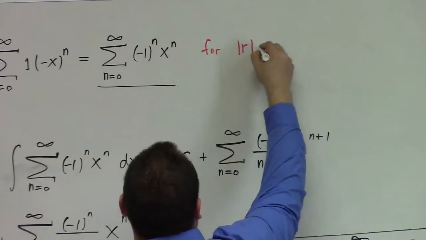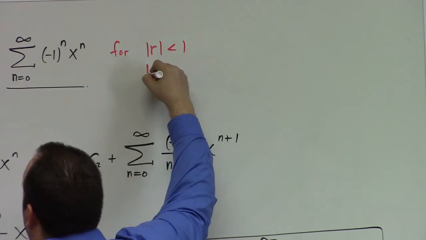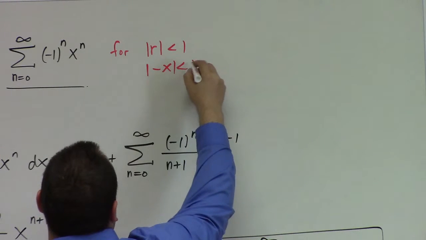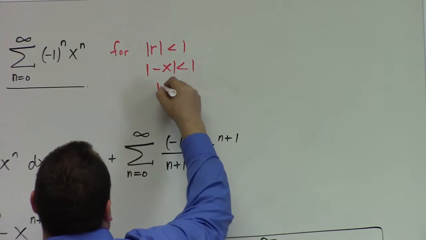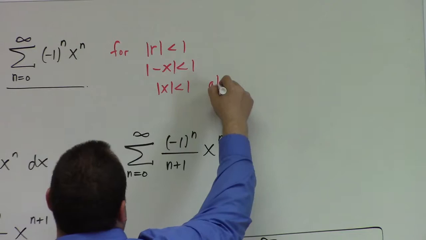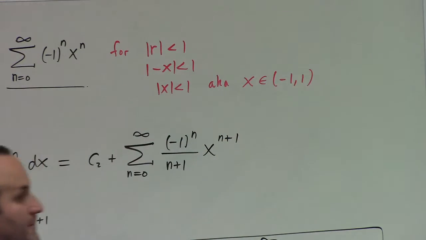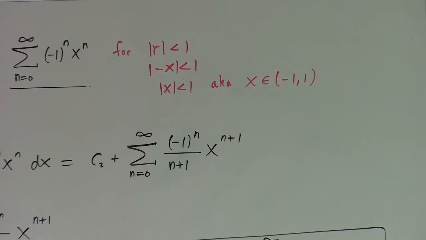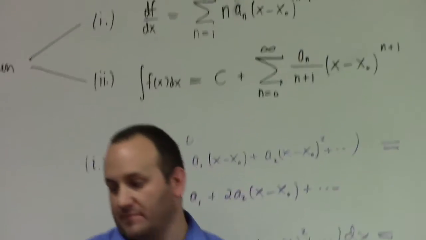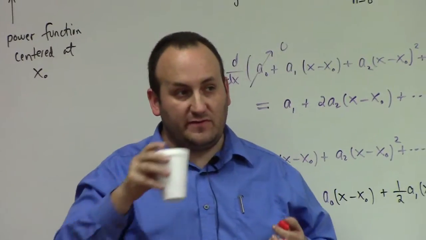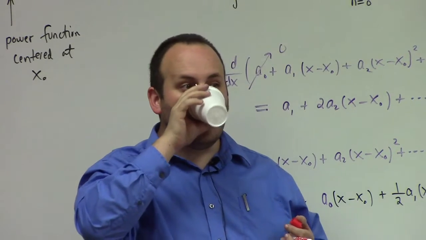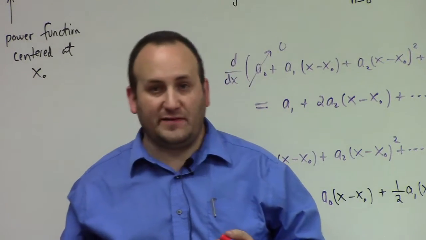We need the absolute value of r is less than 1, which is to say the absolute value of minus x is less than 1, which is, of course, to say that the absolute value of x is less than 1, aka x is an element of minus 1 to 1. Right? And that 1 is not included. 1 gives you a divergent geometric series. Minus 1 gives you a divergent geometric series by the nth term test here.